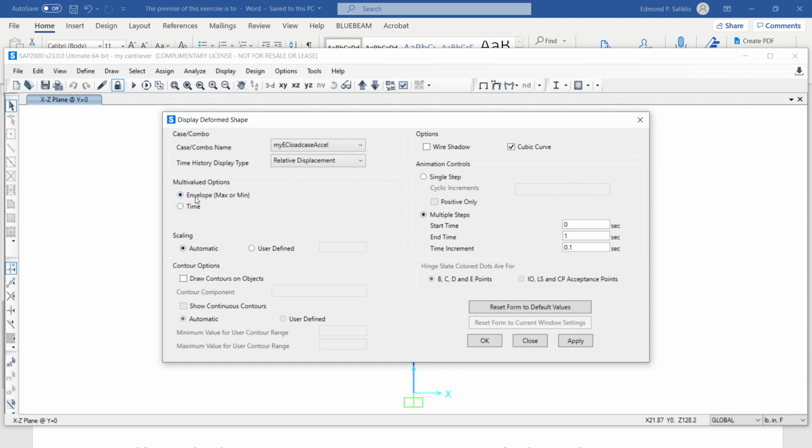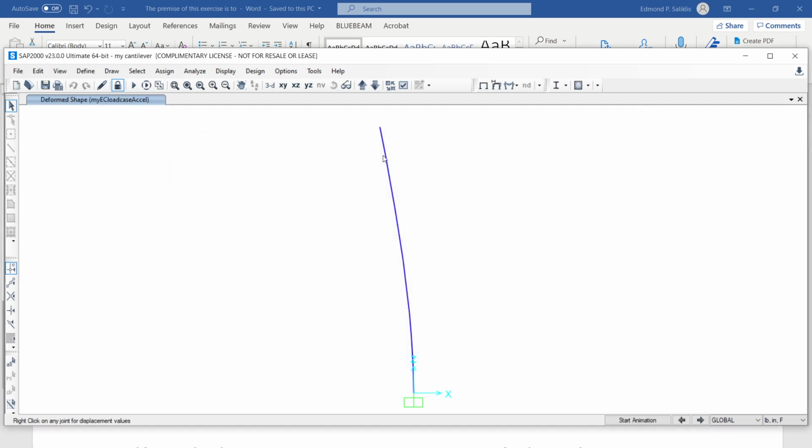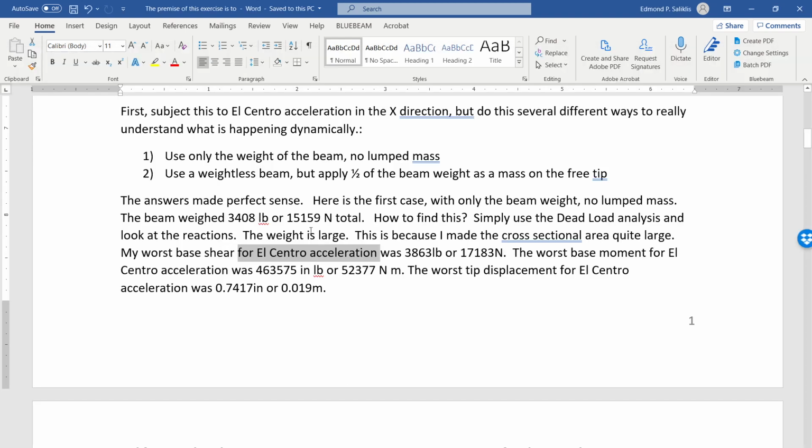First of all, I'm clicking the envelope, not the time, because, you know, how do I know what the worst is? But here's the envelope, and I'm using it for my El Centro load case of acceleration, and I want the displacement. It'll all make sense here shortly. So there's the displaced shape as an envelope, and you'll notice it is 0.74 inches, which is about 0.02 meters.